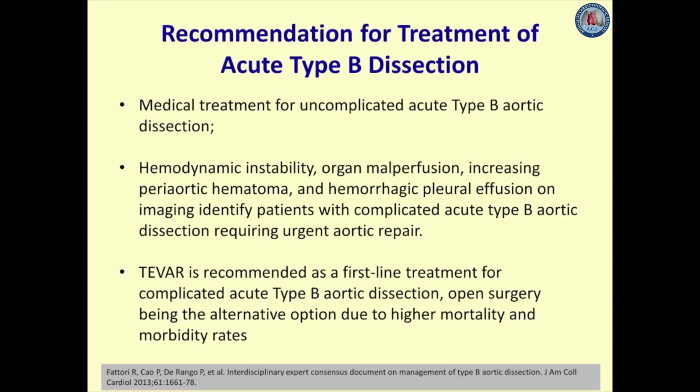This document did recommend medical treatment for uncomplicated type B aortic dissection. It recommended intervention of one sort or another for the complications that you see listed here. And TEVAR was recommended as the first-line treatment for complicated acute type B dissection, with open surgery being an alternative option.